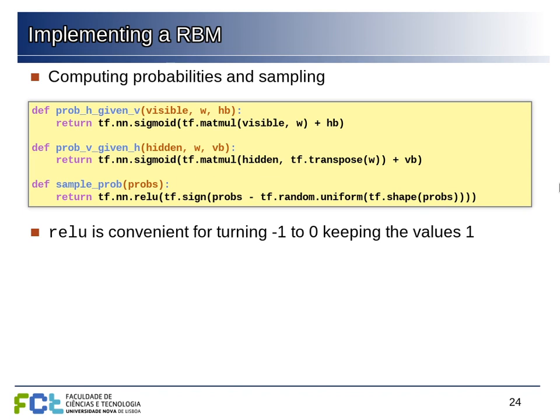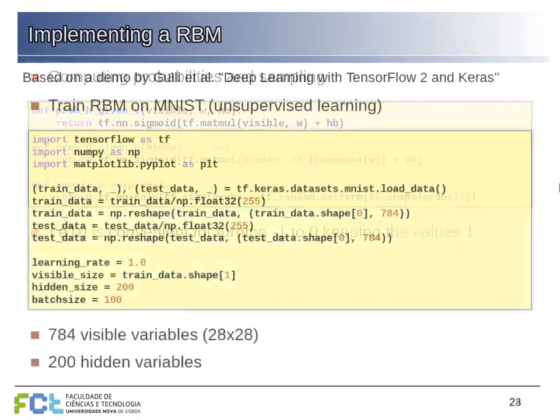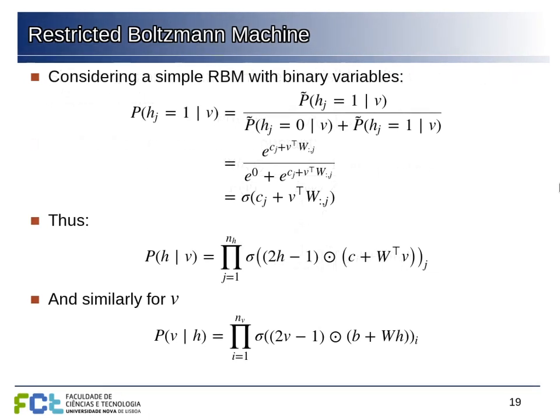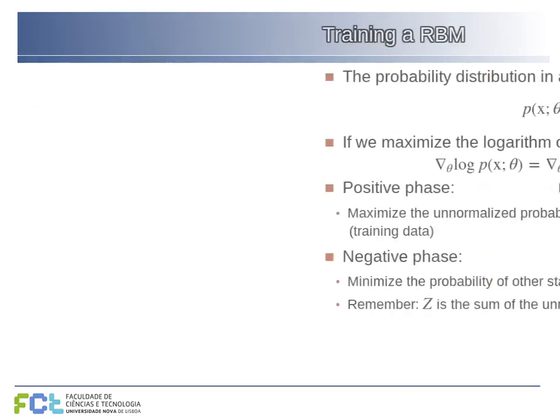So another multiplication, but now we are transposing the weights matrix and then adding the bias for the visible or observed values. So basically, these two functions are just what we saw here for these conditional probabilities. If we have an example of observed values, we can compute the probabilities of the hidden values being 1. If we have the hidden values, we can compute the probabilities of the observed being 1.